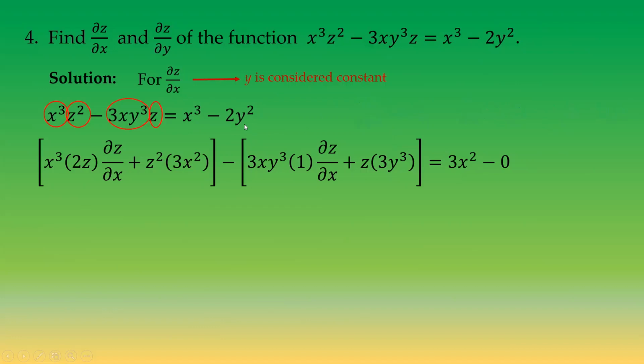This 2y squared is now constant, so its derivative is 0.